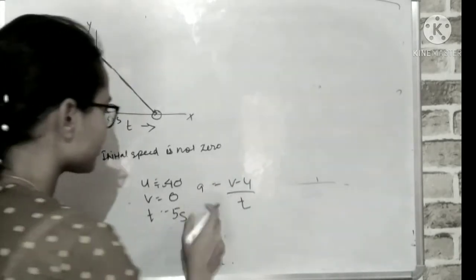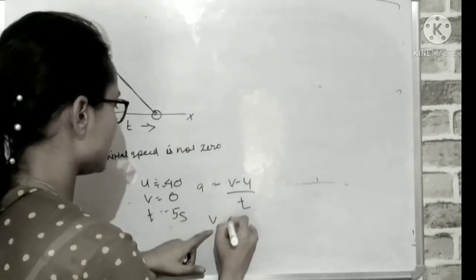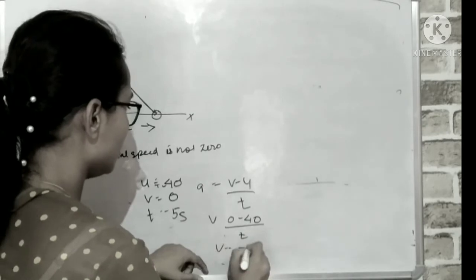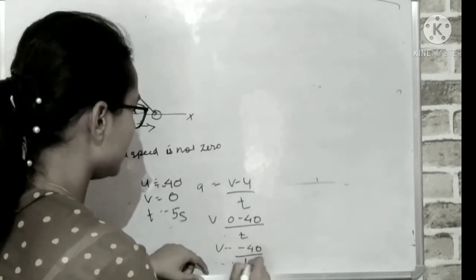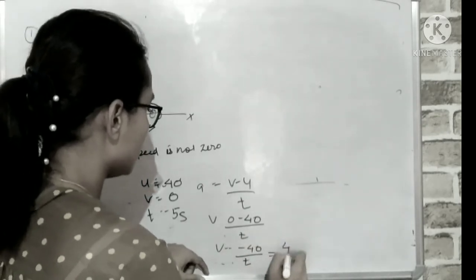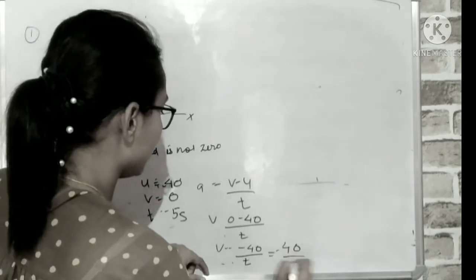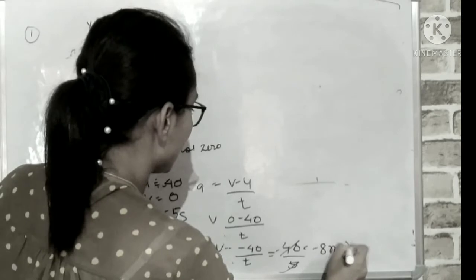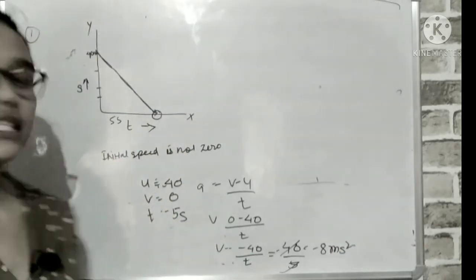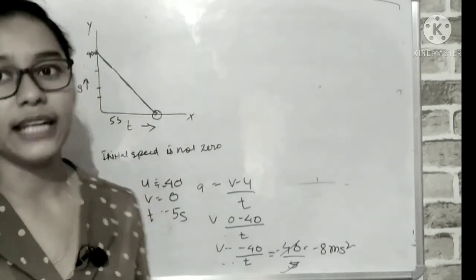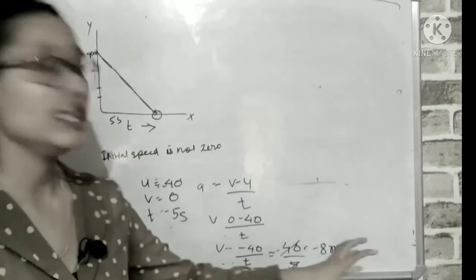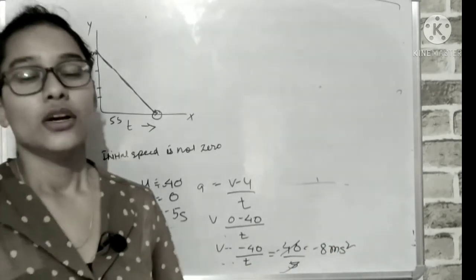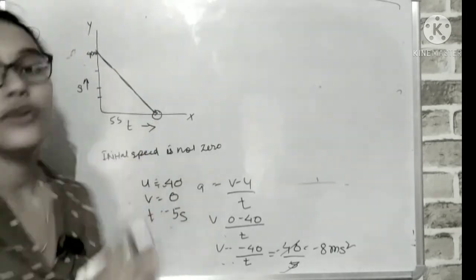Here v is 0, so 0 minus 40 by t equal to minus 40 by t. So time was 5 seconds. It will be minus 8 meter per second square. So in this case, the value of acceleration will be retardation, meaning it will be in minus, when the initial velocity is not 0.